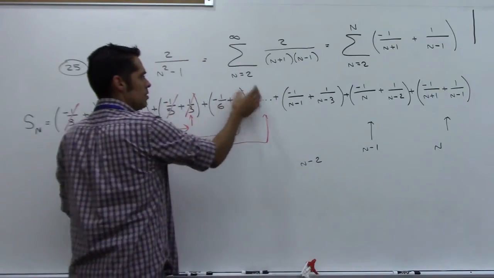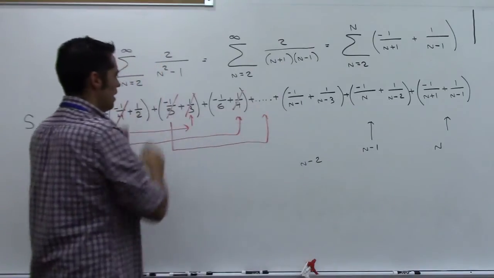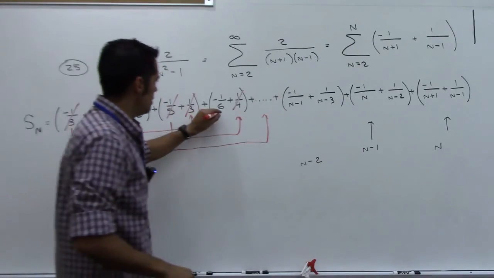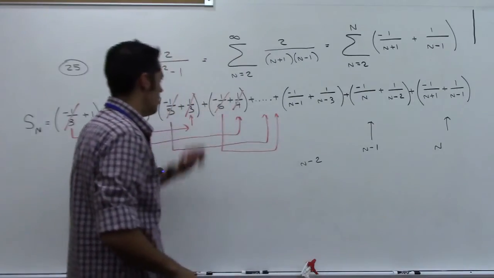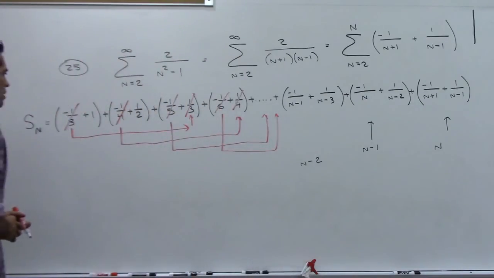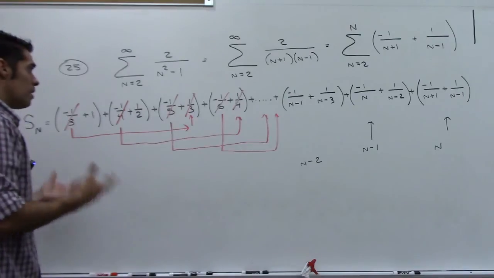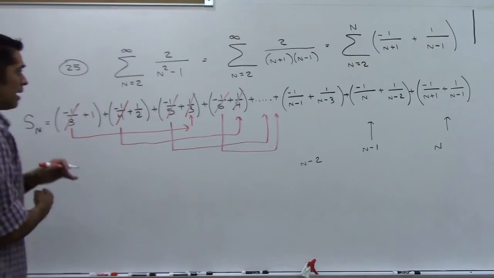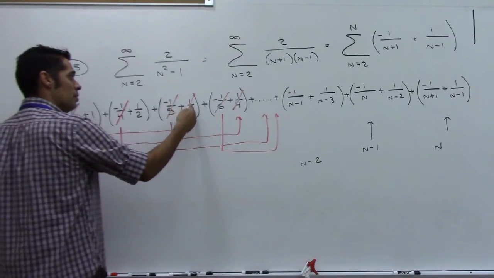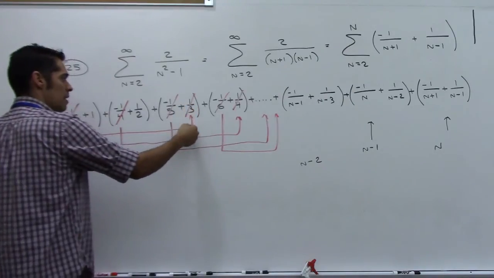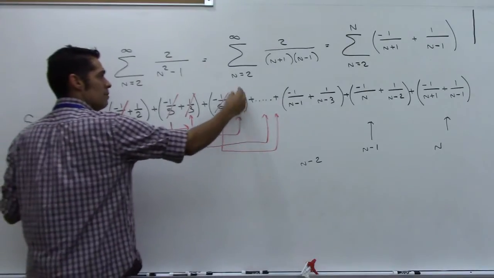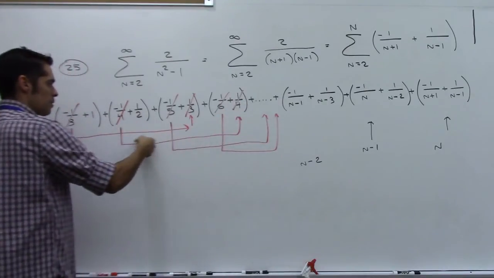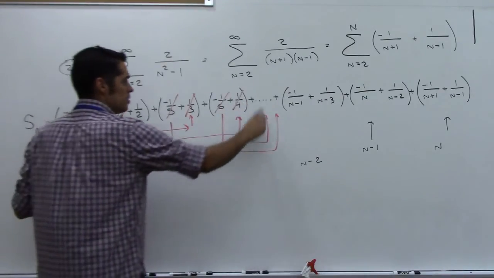So it would be in here somewhere, and that negative 1/5 would go away. This negative 1/6 would get killed off by something in here. It would go away. Now, on the other hand, you can look at it backwards. The second number in a parentheses gets killed off by the first number 2 in front of it, and so on and so forth.